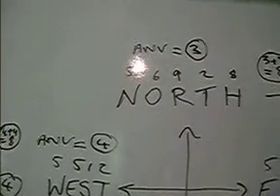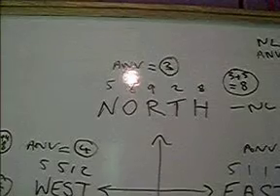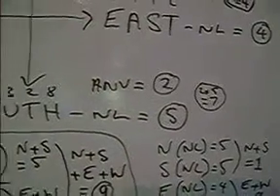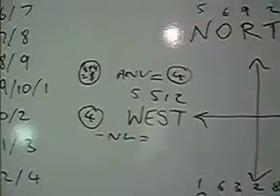Now the alphanumeric values of north, I've got the values over each letter there. If you add them all up and compress it to single digit, you'll end up with 3, and south with 2, east with 9, and west with 4.